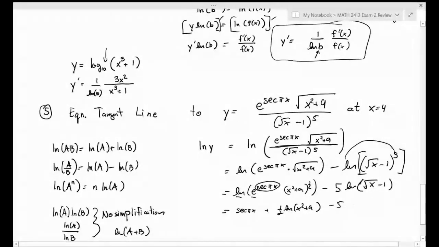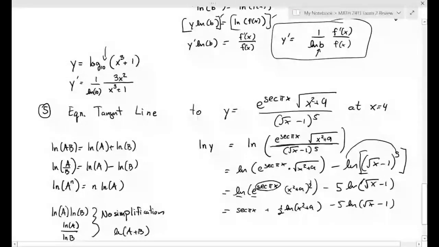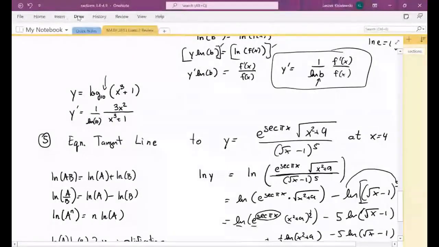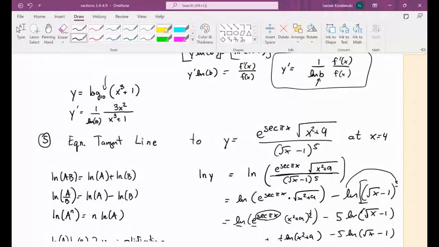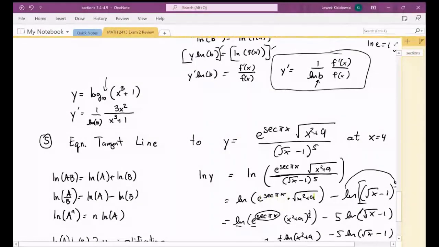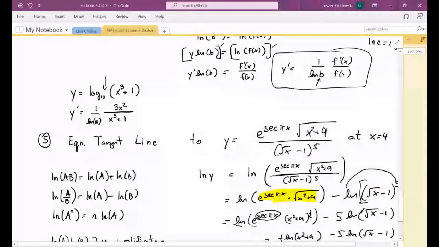Why didn't you break up the multiplication again? Why did I break it up? Why did you not break it up again, the multiplication? Did I not? In ln of e to the power of 2 pi x times x squared plus 9 to the power of 1/2, can't you break that up again? I think I just did it too quickly, but I did. You mean using properties of log to break up that product? I think I did.